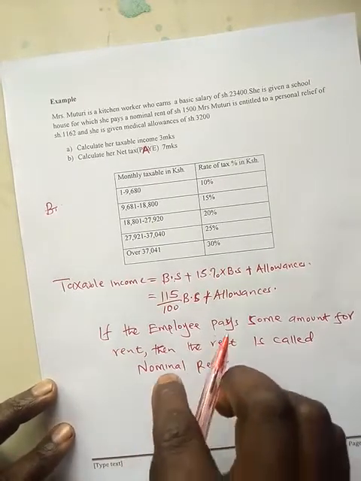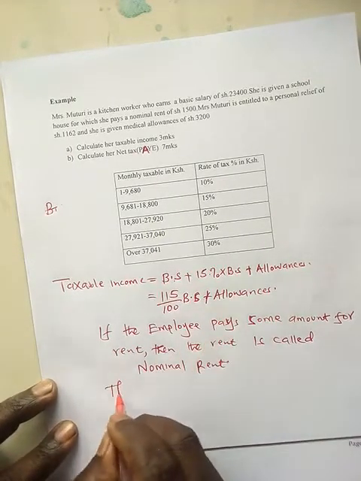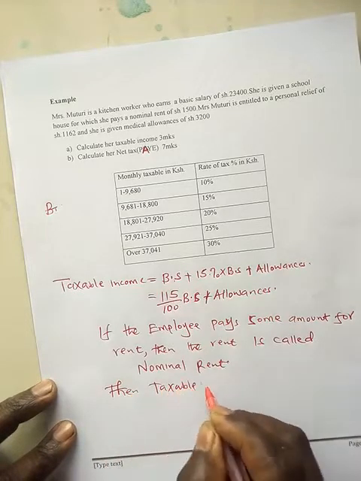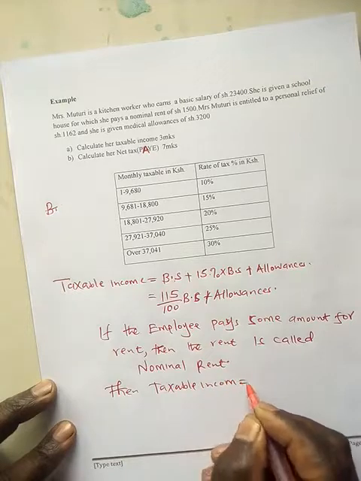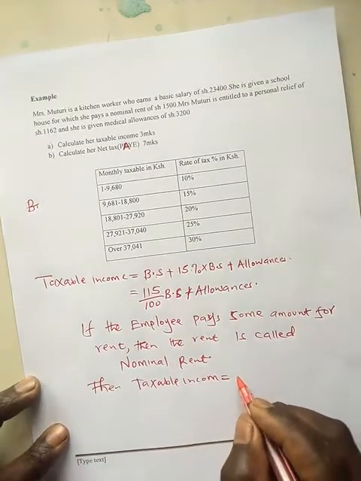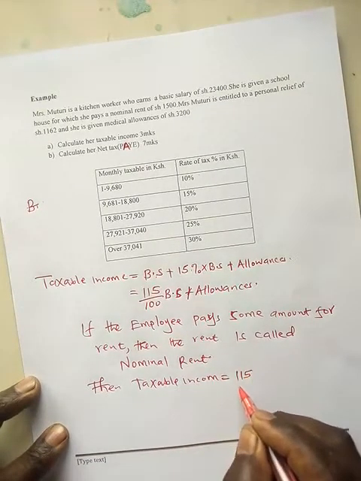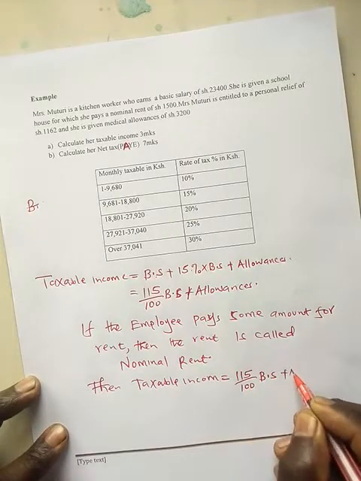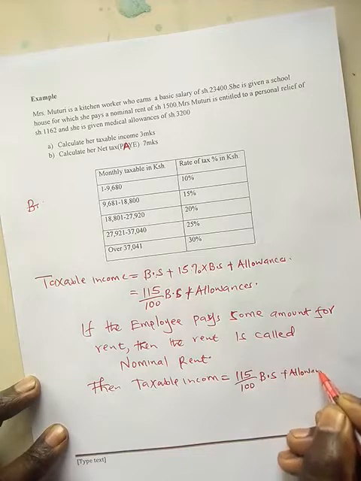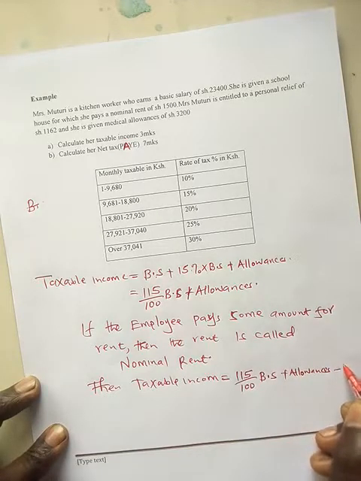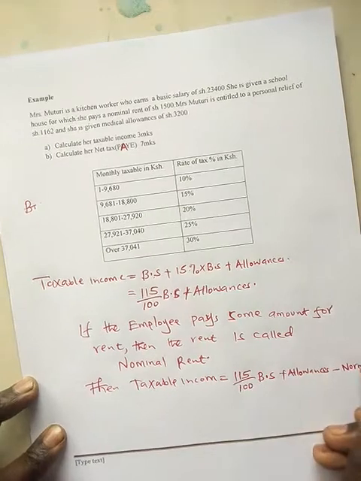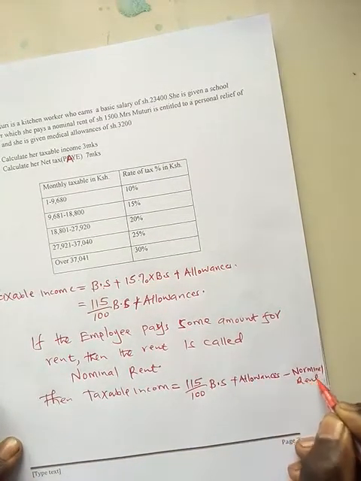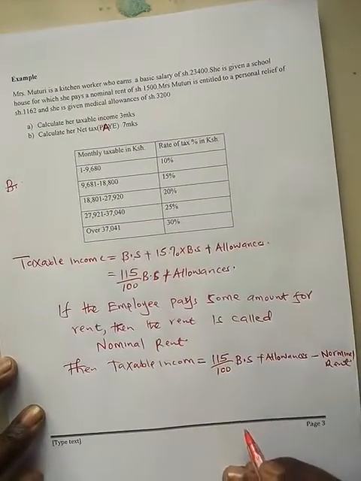Now, if he pays nominal rent, then taxable income equal to 115 over 100 basic salary plus allowances subtract nominal rent. Subtract what? Nominal rent.